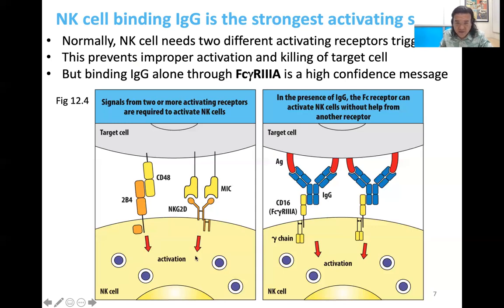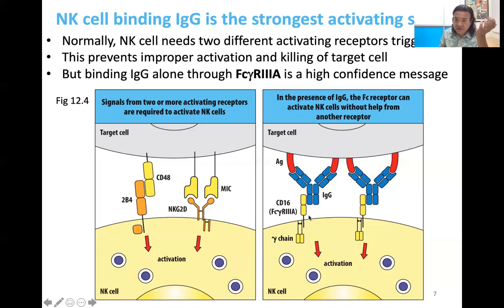That's what these red arrows are, in order to overcome the conservative nature of the NK cell activating. And in this case, this NK cell would activate and maybe tell this target cell to die, by releasing the contents of its cytotoxic vesicles over here.